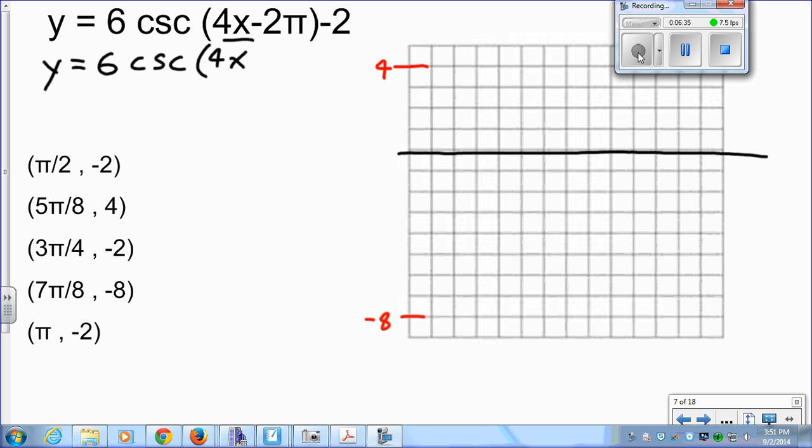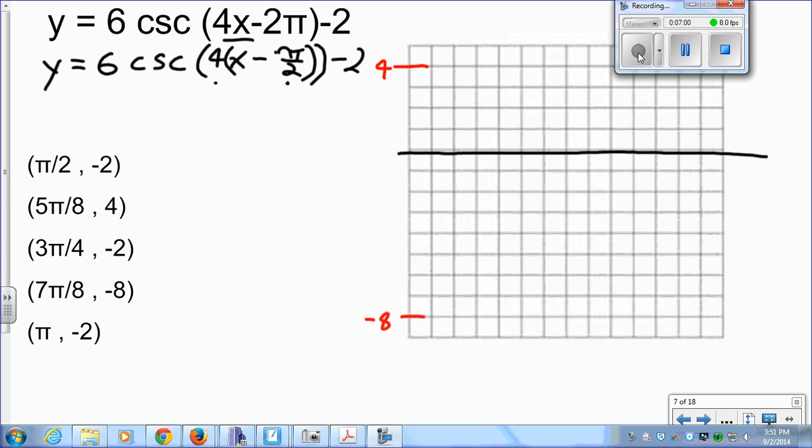4x minus, so I divide that by 4, I get pi over 2. Close this, minus 2. And I can see when I distribute this, 4 times pi over 2, I get 4 pi over 2, or 2 pi.